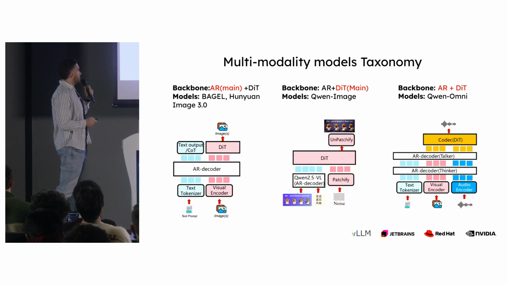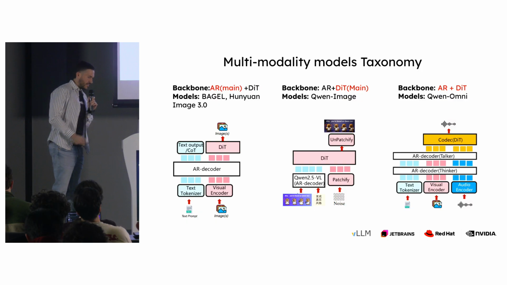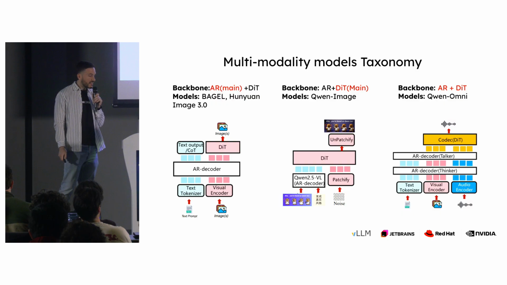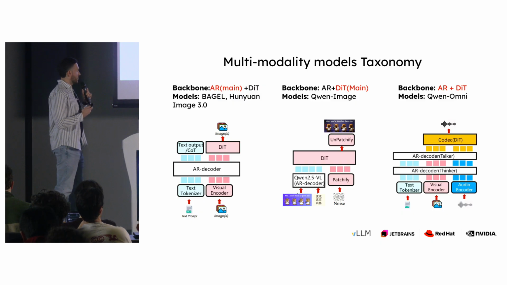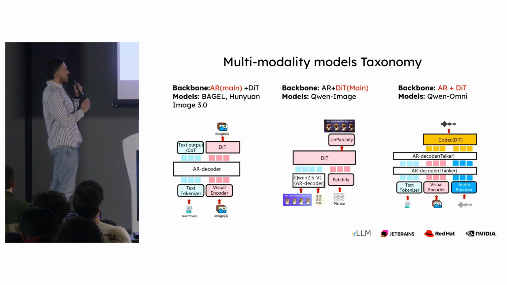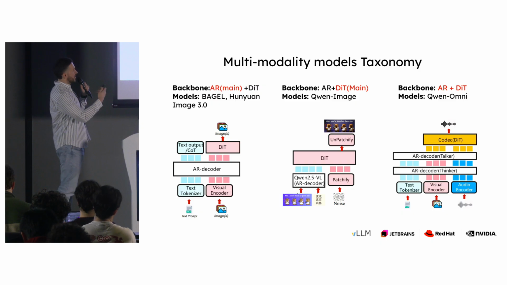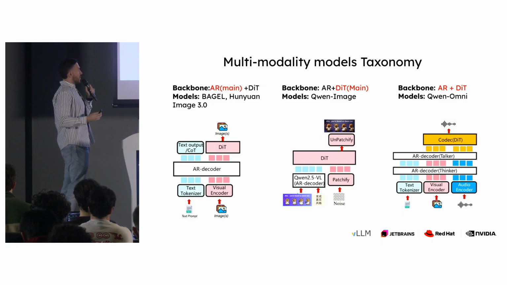This is the taxonomy of models that you may come across in the wild. You probably want to start from the one in the middle, which some of you may have already seen. This is akin to what Qwen Image does. You have a core diffusion transformer model that is generating the image, while the text embedding is produced by, in this case, Qwen 2.5 VL.